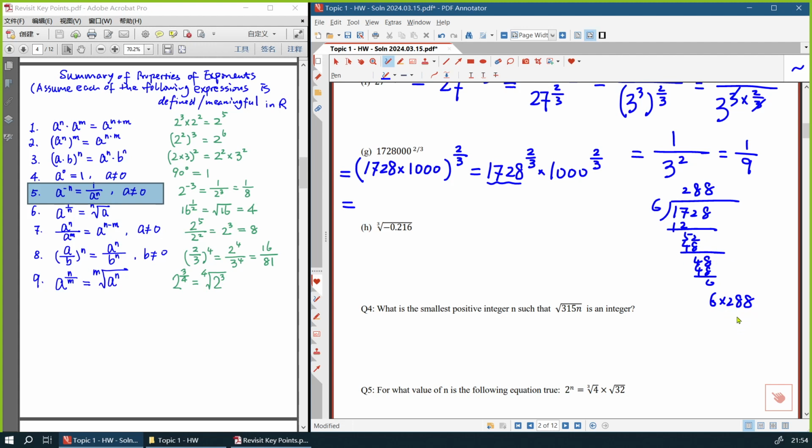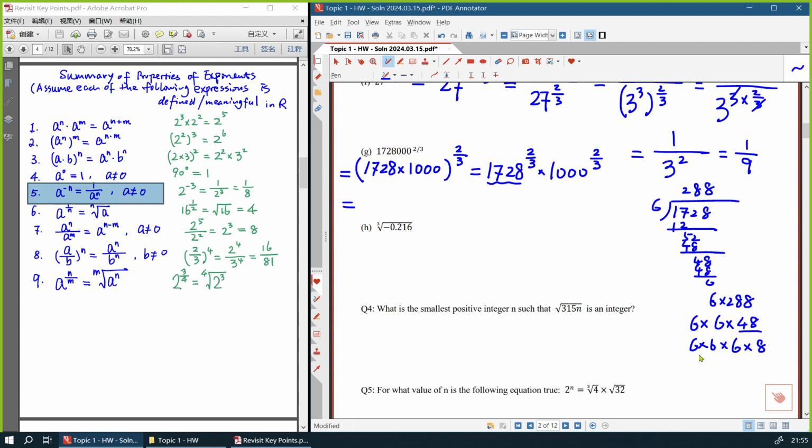And 288 can also be divided by 6. So that is 6 times 48, right? And 48 can still be factored into 6 times 8, right?